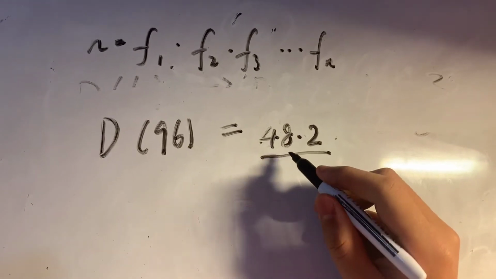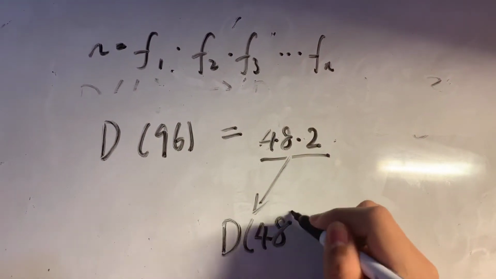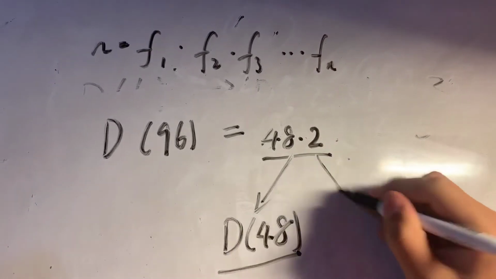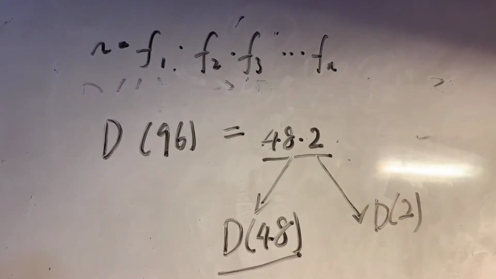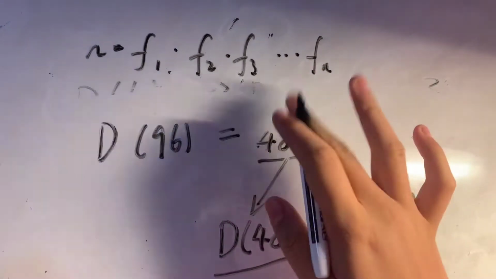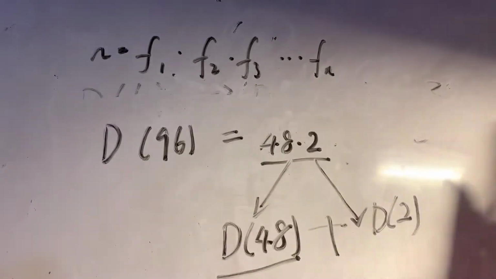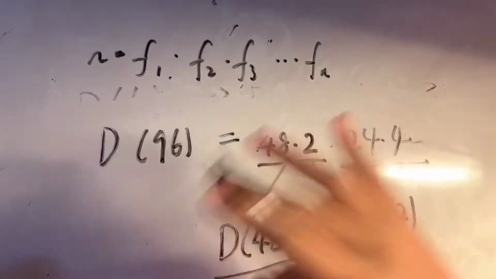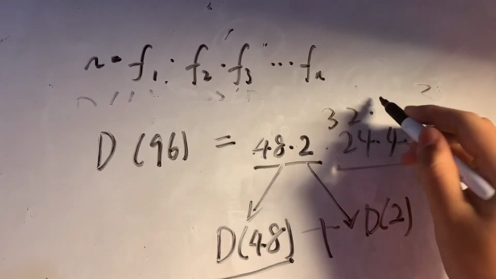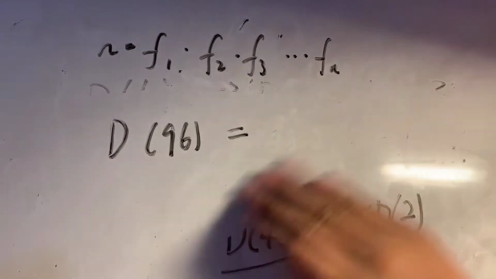We can expand it further into cases of d48, how it can combine like this, and how it can combine as a d2. Therefore, a solution of this type is 48 plus 2. Another way of doing it is 24 times 4. Another way you can split it is 32 times 3, 16 times 6, and so on.